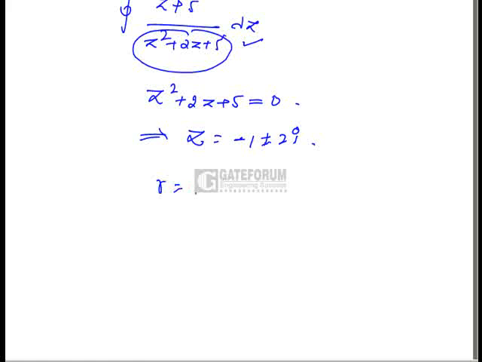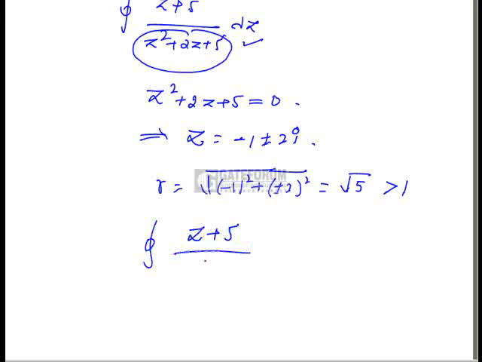The value of r is root over (minus 1) square plus (2) square, which is root 5, always greater than 1. That means these poles lie outside the unit circle. If the poles lie outside the unit circle, the value of the integral will be 0. So the integral of (z plus 5) by (z square plus 2z plus 5) will be 0.